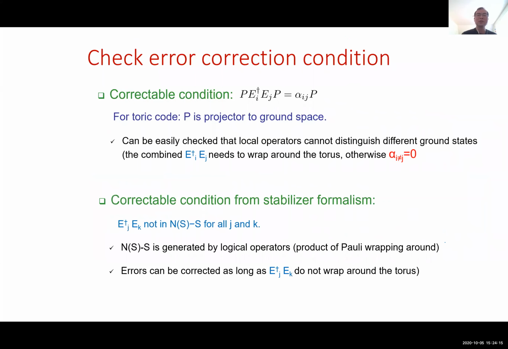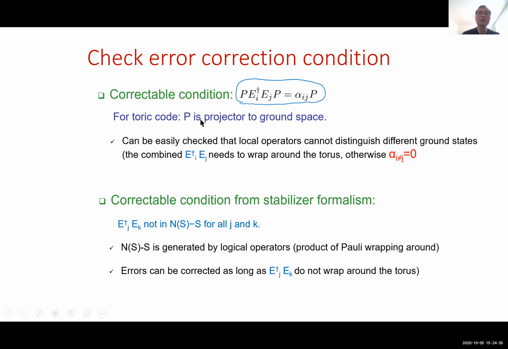So the next one actually is the error correction condition. So how do we know it's error correctable? We can apply, for example, the original definition of correctable condition.